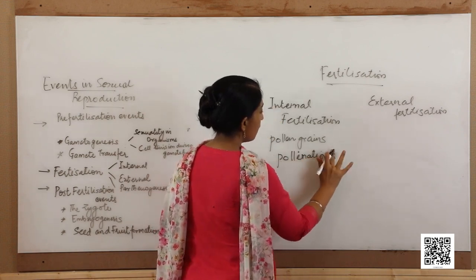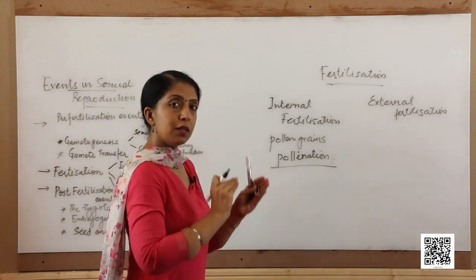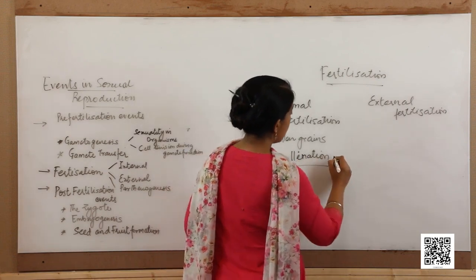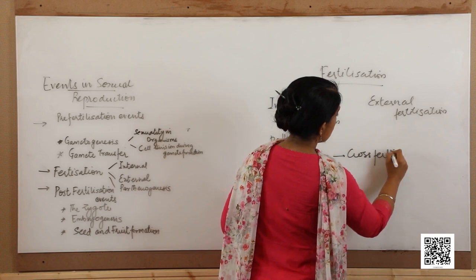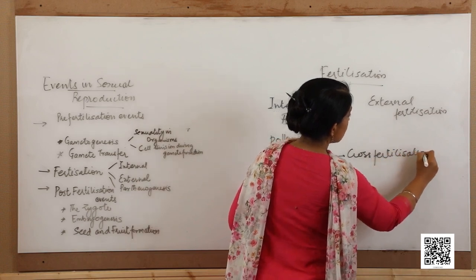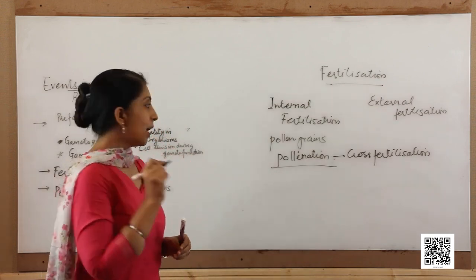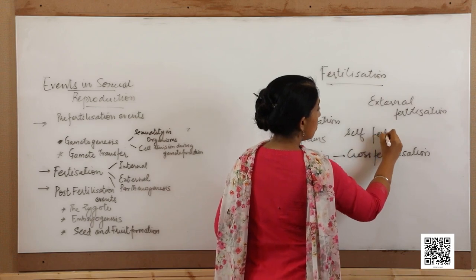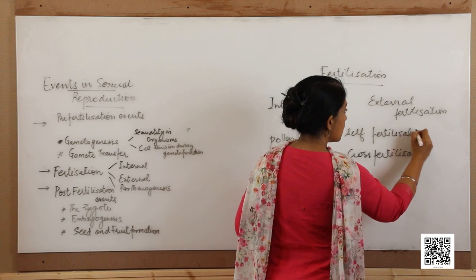Pollination is the process of transfer of the pollen grains from one flower to another, and this is seen where cross fertilization takes place in plants. Whereas there are also some plants which undergo self-fertilization, though this is rare as compared to cross-fertilization.